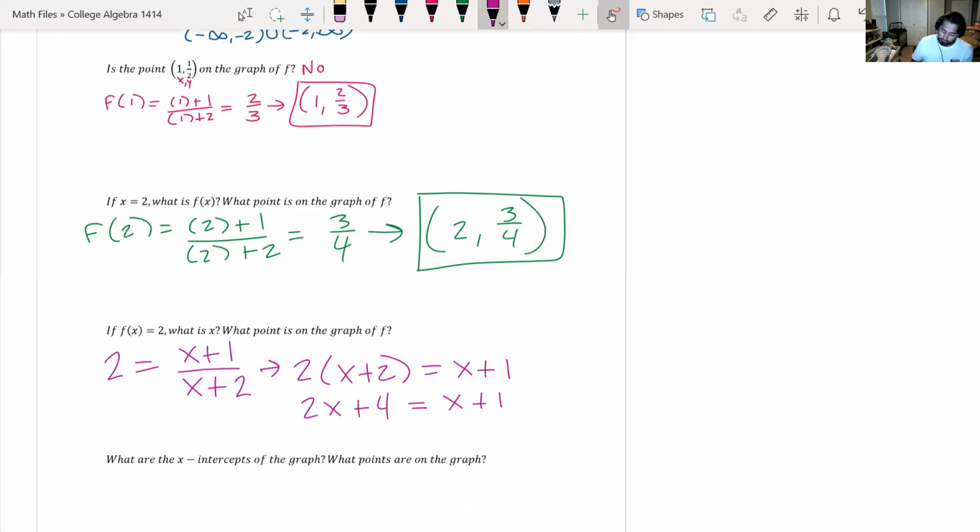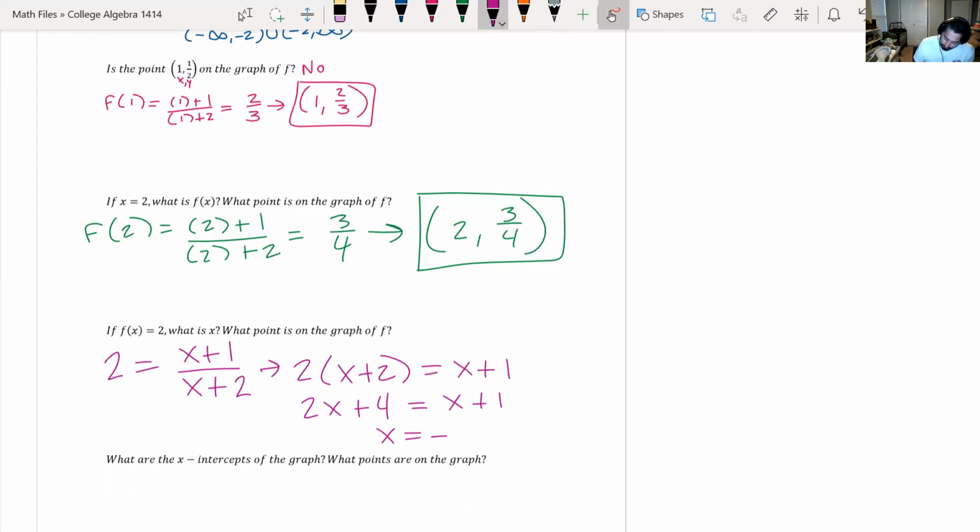Move the x over, move the 4 over. We get 3x equals, what is that? Not 3x. It's actually just x, right? Subtract x, you get x, and then move the 4 over, minus 4, you get negative 3. Perfect.